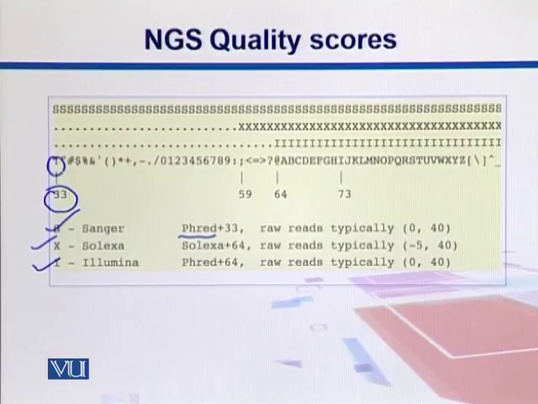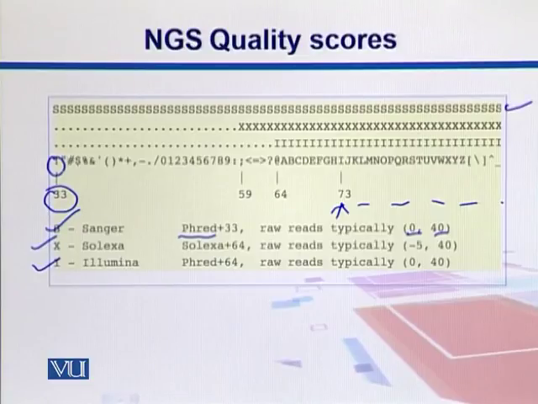They use characters from here, and since they are adding 33 and typical scores are 0 to 40, they can go up to here. So the typical score is here, but obviously you can have all of them.